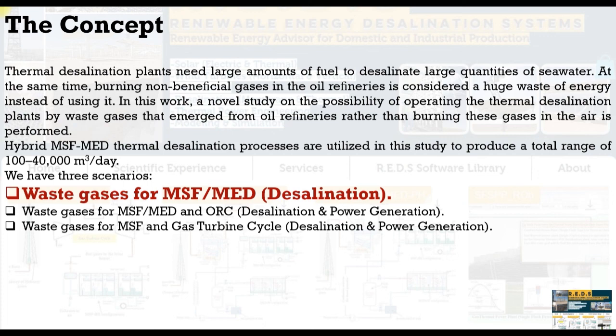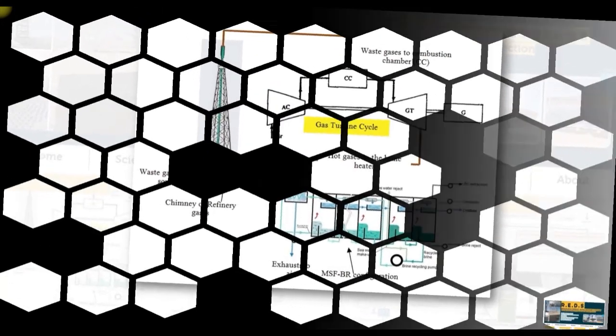Pardon, it is waste gases, not waste heat, to remove any confusion. The second is waste gases for MED plus organic Rankine cycle in order to produce fresh water and power generation. The third scenario is about waste gases for multi-stage flash in order to work as a desalination process beside power generation, as you can see here.